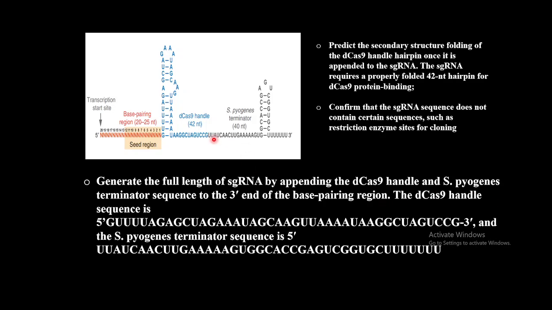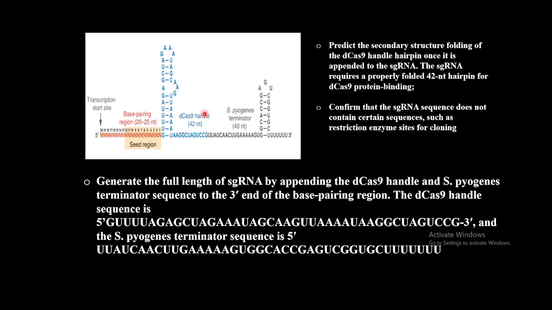So whenever you are designing your CRISPR-I experiment, your sgRNA should contain the seed region that will bind to the template strand. This is the dCas9 handle that will bind to the Cas9, and again this is dCas9, which is a dead Cas9.